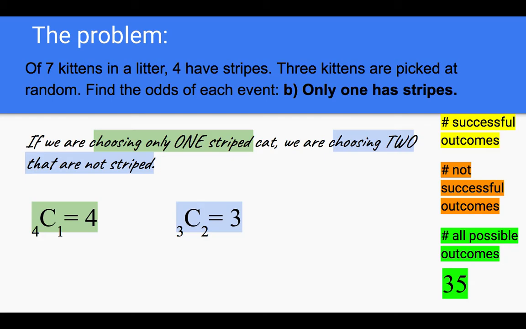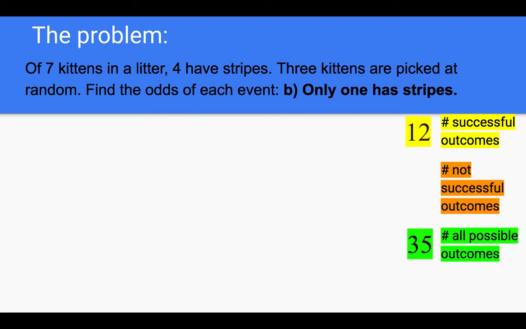That number is 3C2, that is 3. And applying the fundamental counting principle, the total number of options for choosing 1 striped and 2 that are not striped comes by multiplying these 2 outcomes. So it's just going to be 12, 4 times 3. And this is the number of successful outcomes.